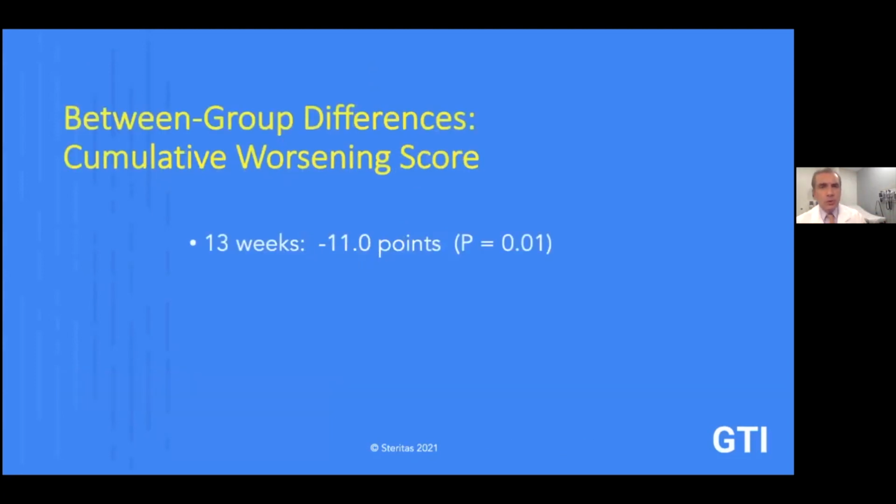So here are the between group differences for the cumulative worsening score. At 13 weeks, the Avacopan group had a score 11 points lower compared to standard of care. And at 26 weeks, the difference was 17 points lower in the Avacopan group, both highly statistically significant and clinically important as judged by the MCID.